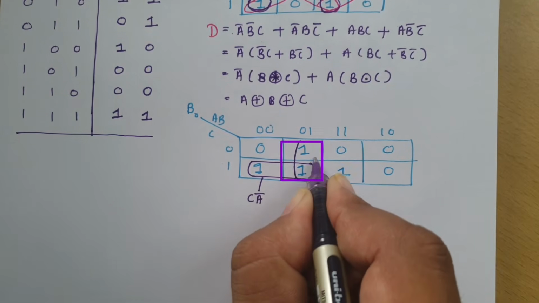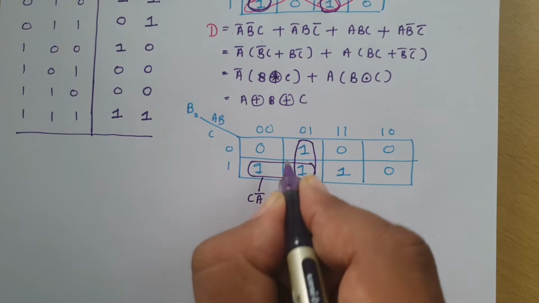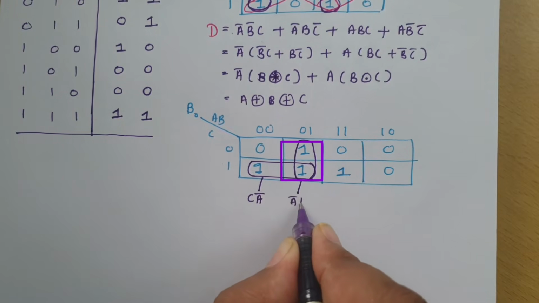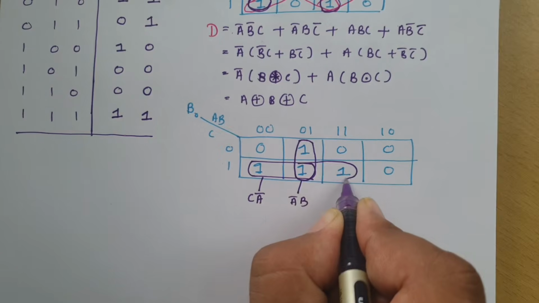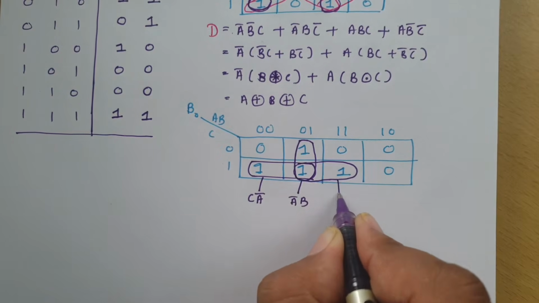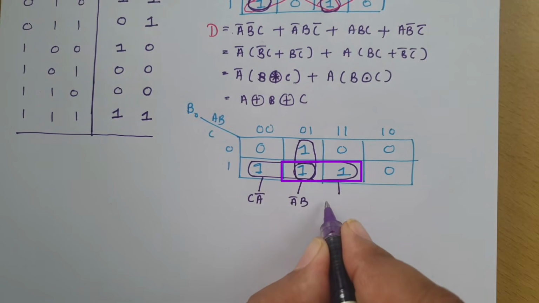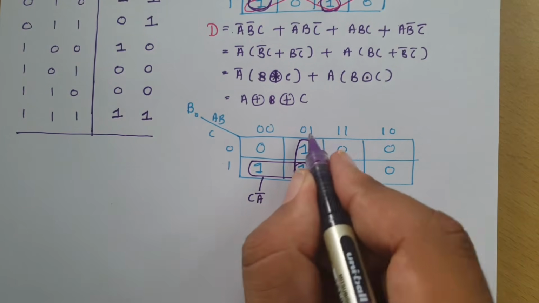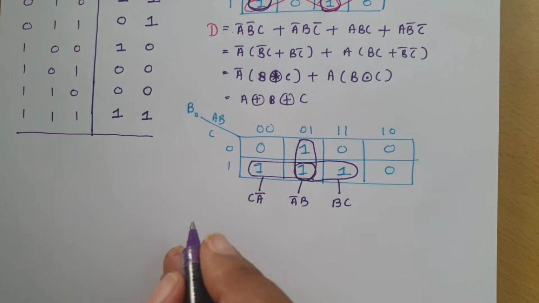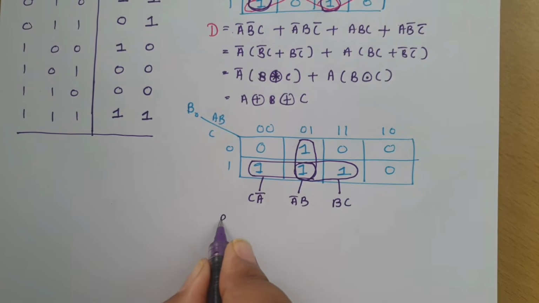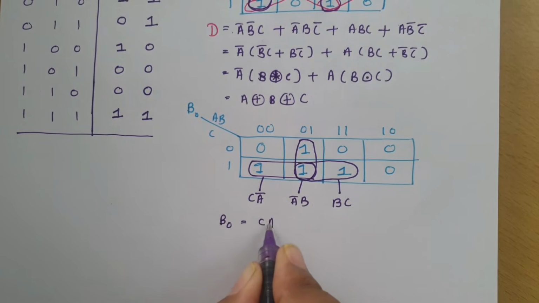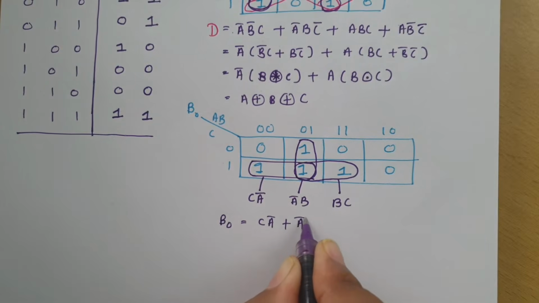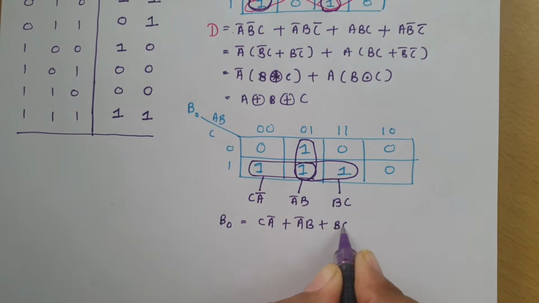With this group you can see this is A bar B, and with this group it is BC, where C is 1 and B is 1. So here we can say the borrow B0 is C A bar plus A bar B plus BC.